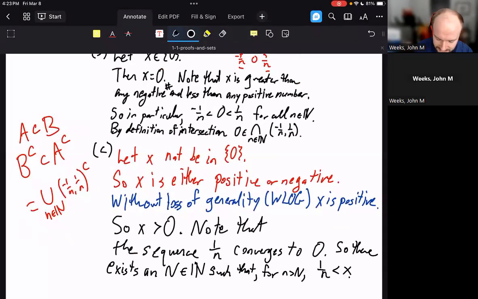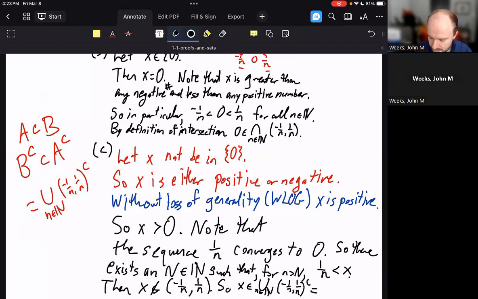Well, if that's the case, then x is not in the set of all numbers between -1 over n to 1 over n. So x is in the union over n of the complements of -1 over n to 1 over n, which we know to be the complement of the intersection of these intervals.